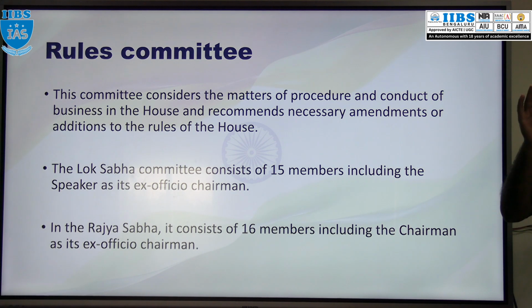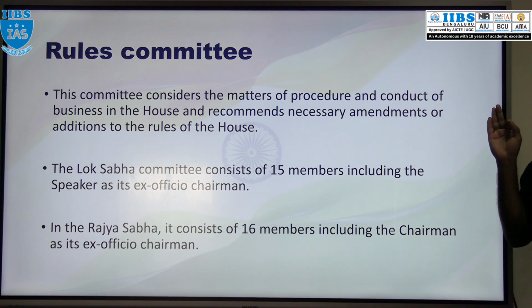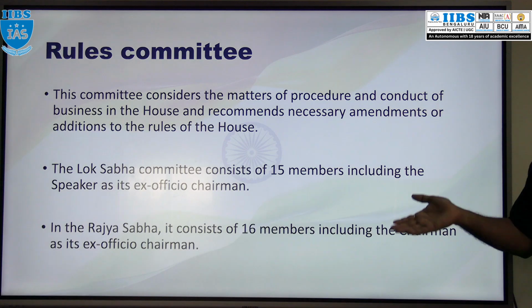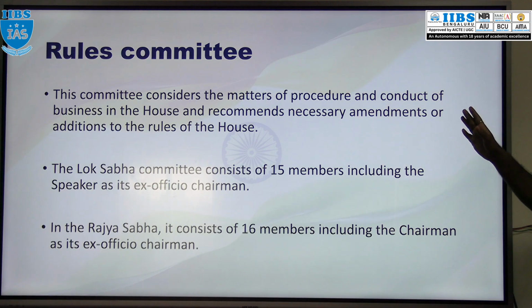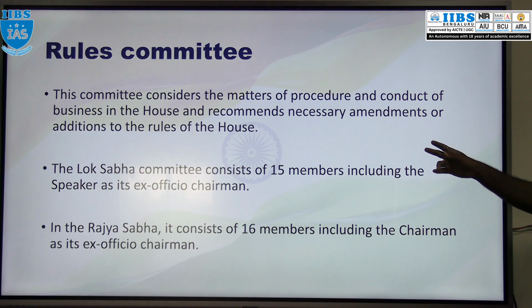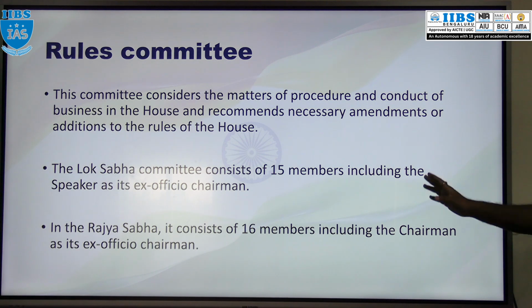In simple language, this committee will give a recommendation on whether a particular rule which already exists should be changed or a new rule should be added to the rules of the respective houses. This committee is present in both Lok Sabha as well as Rajya Sabha. In Lok Sabha it has 15 members and in Rajya Sabha it has 16 members.